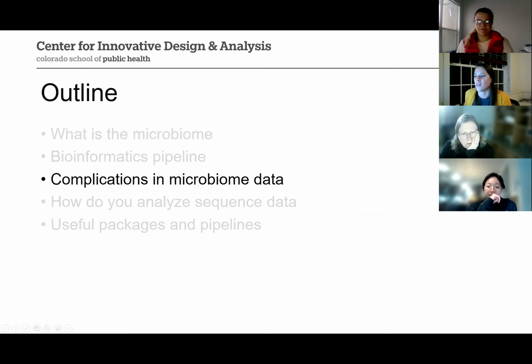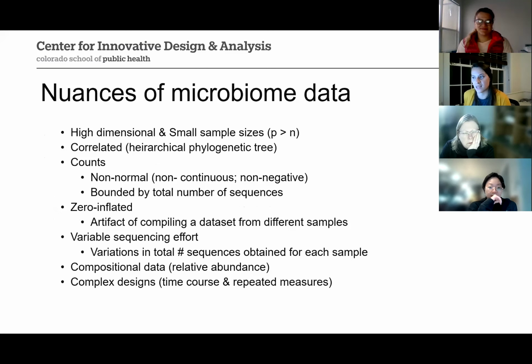So what complications are here? We just talked about the zero inflation, which is an artifact of compiling a data set from different samples that may have different taxa being found. It's also high dimensional. You can get anywhere from 100 to thousands of different taxa. And often there are small sample sizes, which causes the p greater than n problem.